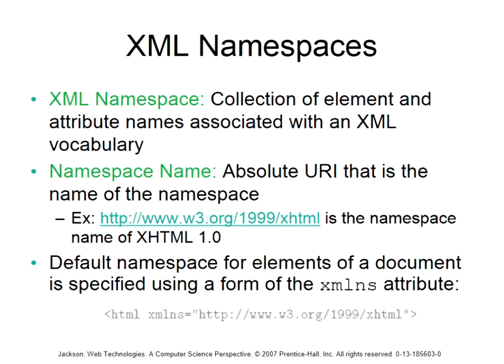Let's move now to XML namespaces. So an XML namespace is a collection of element and attribute names associated with an XML vocabulary. So the namespace name is the absolute URI, that is the name of the namespace.